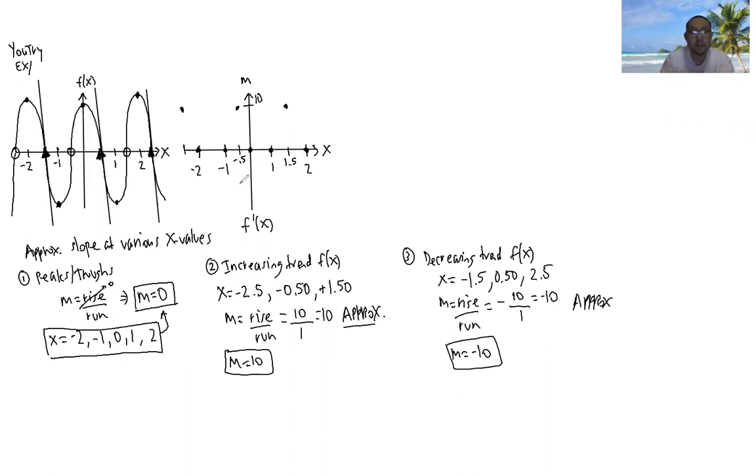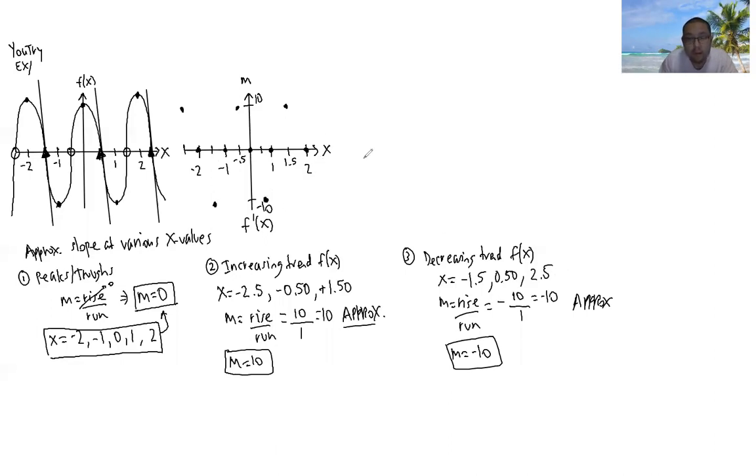And now let's just plot that like we did before. So this is -10. So now we know that x is equal to -1.5 is here. It's going to be -10. At positive 0.5, which is here, it's going to be -10.